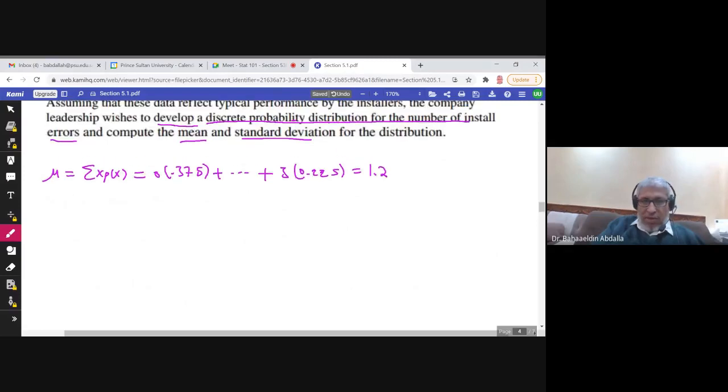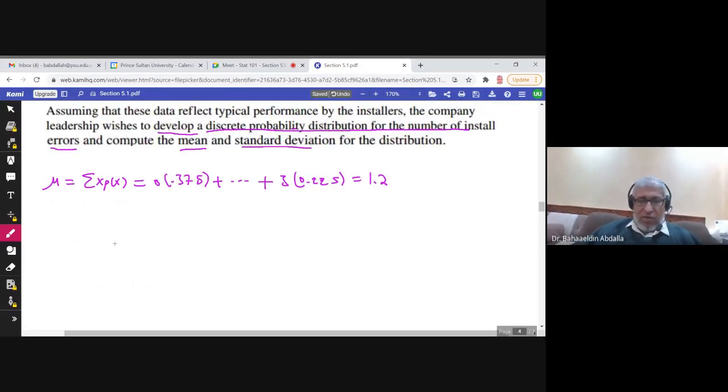Okay. Now, how to find the standard deviation? Well, I will find sigma square first, which is the variance, which is by formula summation of (x minus mu) squared times probability of x.